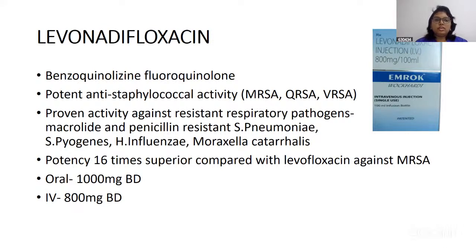So you name it, it has a wide spectrum of activity, and its potency is also very high compared to other quinolones. Both oral and IV forms are available: oral 1000 milligrams twice daily, and IV 800 milligrams twice daily. It does not need a renal or hepatic dose adjustment. That is one more advantage.